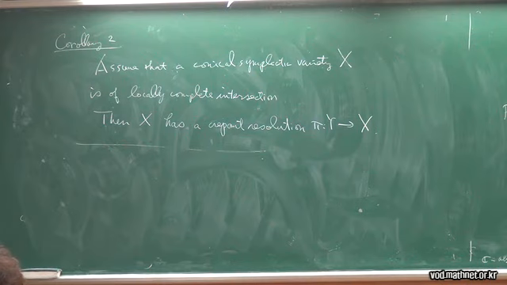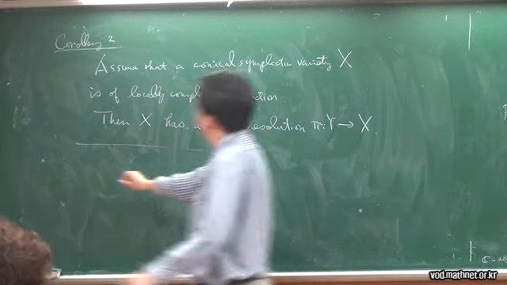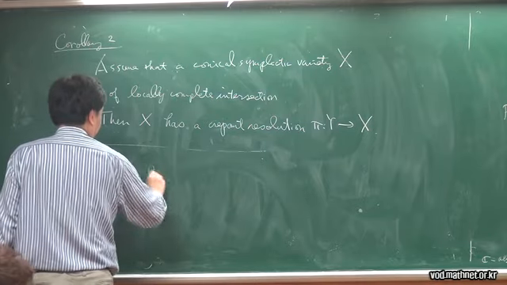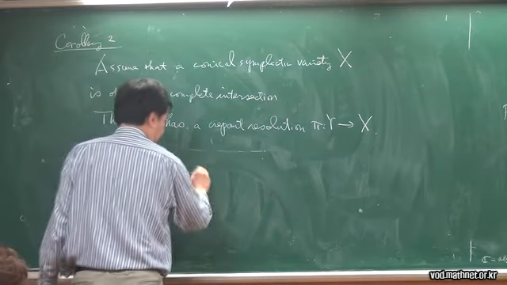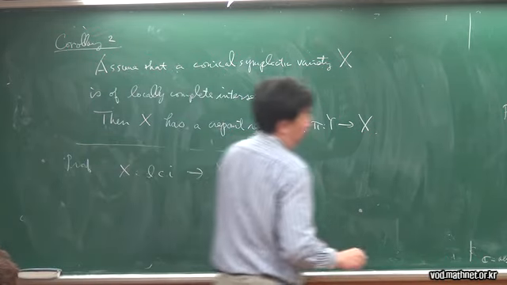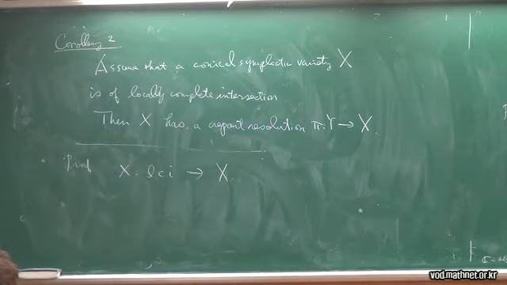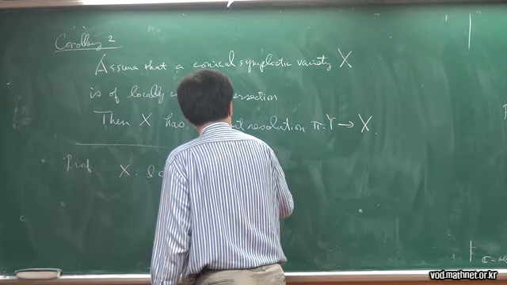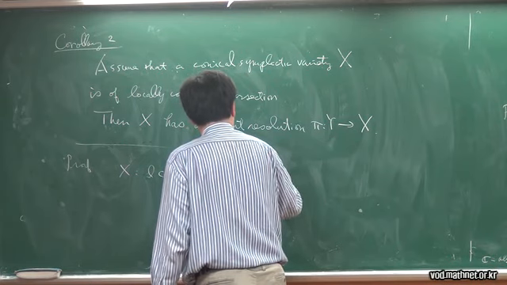Then its nearby fiber is also a locally complete intersection. Anyway, this is surjective, so we call it phi t. Some nearby fiber is a locally complete intersection.